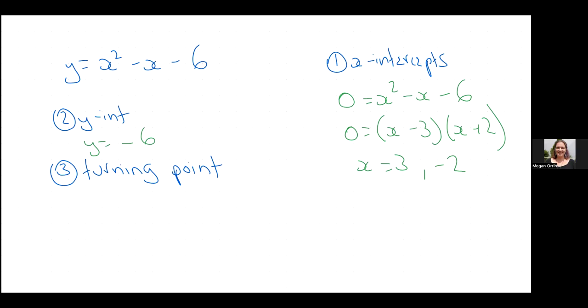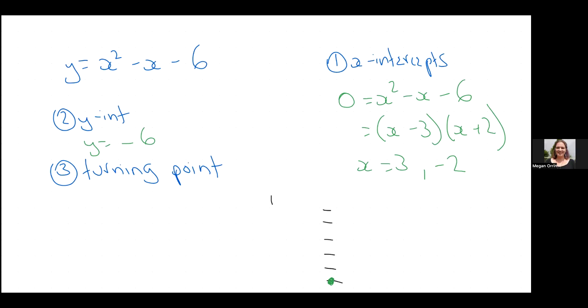So now, if I was going to draw this, let's draw a graph over here. Up here somewhere. All right, so I'm going to mark the things I know so far. I know that the y-intercept is -6. The two x-intercepts are 3 and -2. What I don't know, oh, actually, I don't have enough room for this.